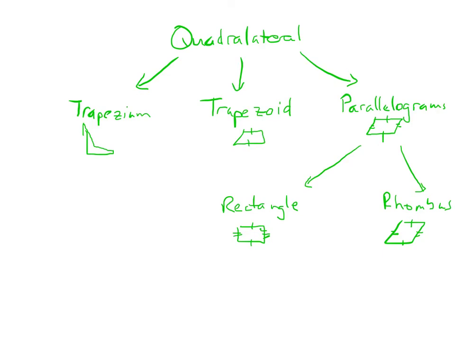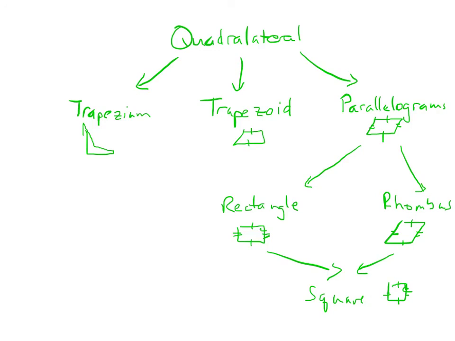However, opposite sides are parallel. And then both of those come back together again if you combine the properties of the rectangle and the rhombus, so that with the rhombus we take all four equal sides. Rectangle we take square corners, we have the square. Opposite sides are parallel and we have a square corner.